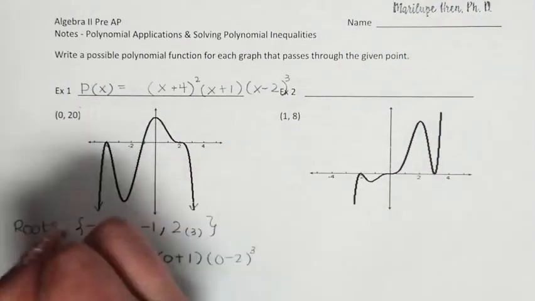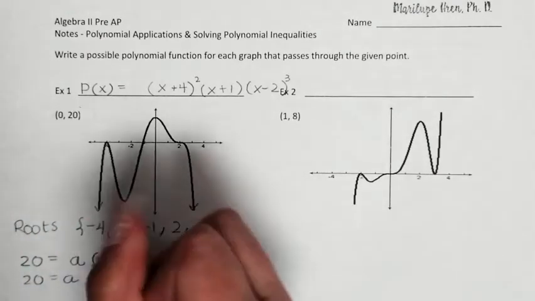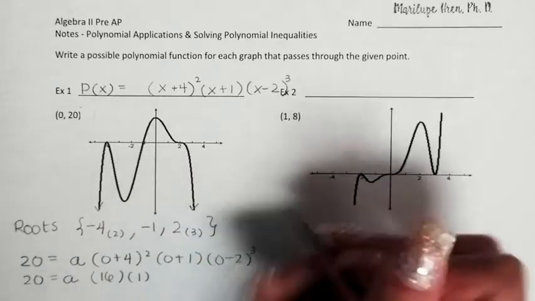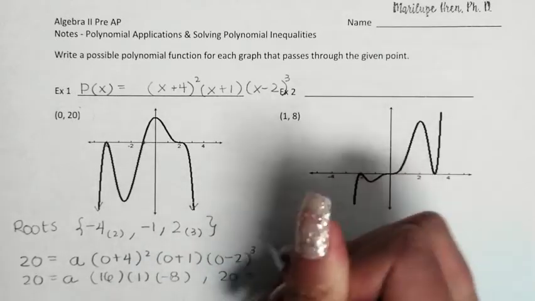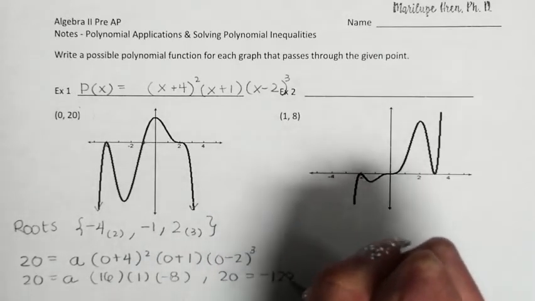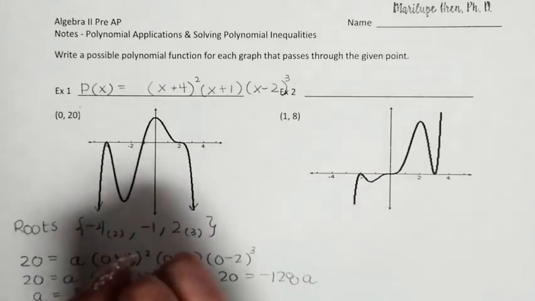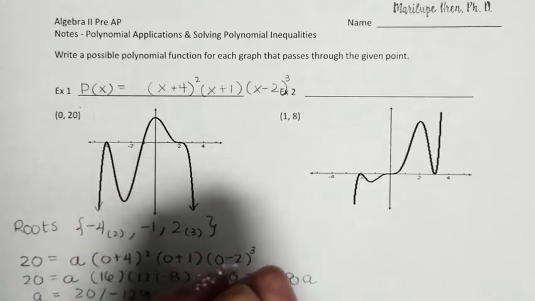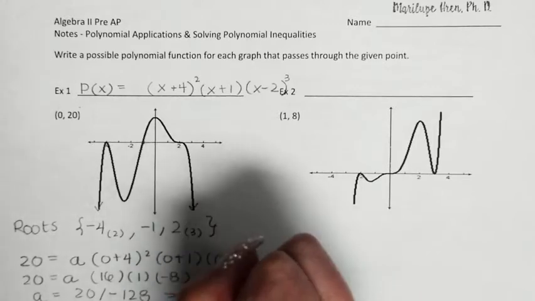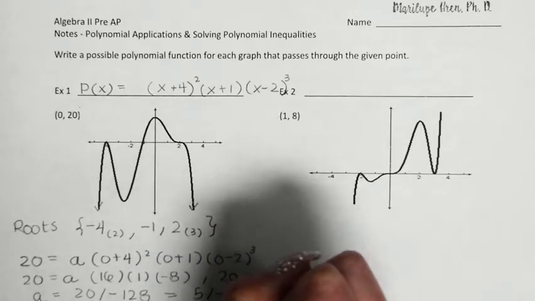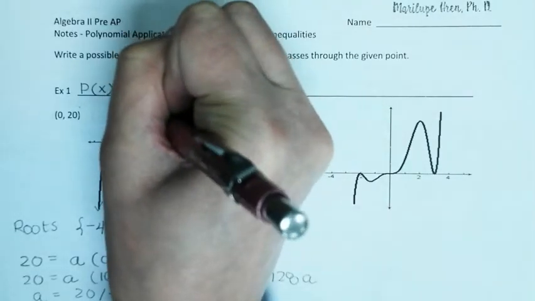So now you compute that, so you have 20 is going to be equal to a times, and this is going to be 16, this is going to be 1, and this over here is going to be -8. Therefore, you have 20 equals -128a. So we know that a is going to be equal to 20 divided by -128. In other words, if we simplify it, it is going to be equal to 5 divided by -32.